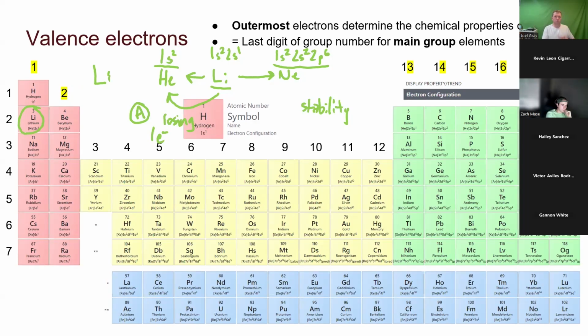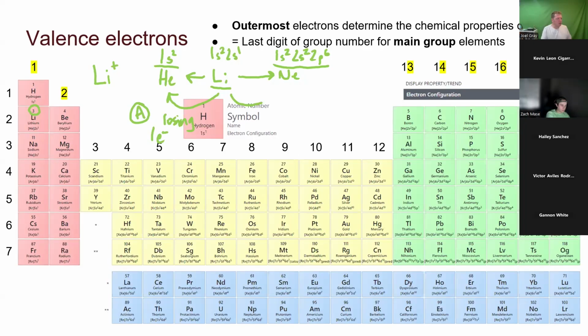And we know three. We know it's three because right here, our atomic number is three. Okay, so three positive charges, and it loses one electron. Can you tell me the charge that lithium will have if it has two electrons and three protons? Plus positive one. Absolutely. Okay, so that's option A.